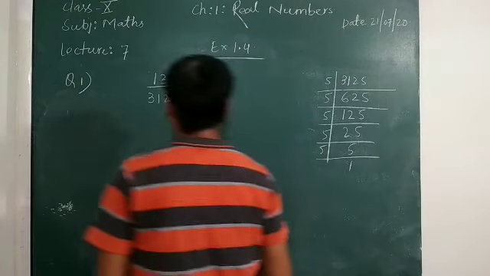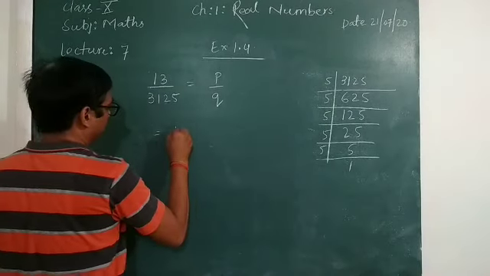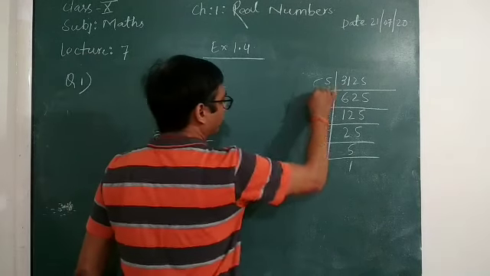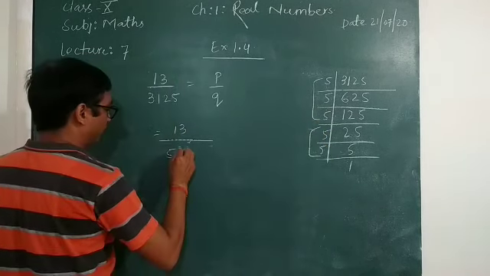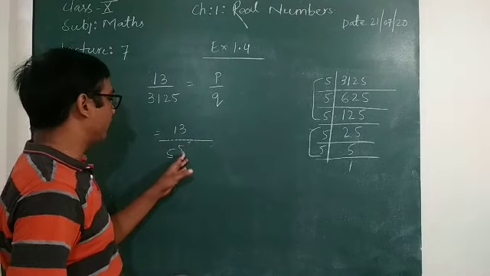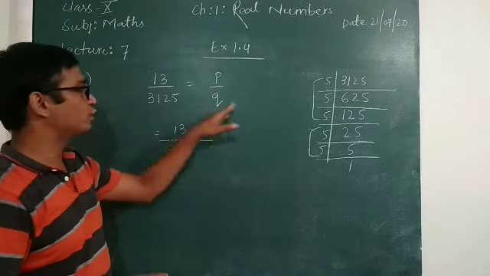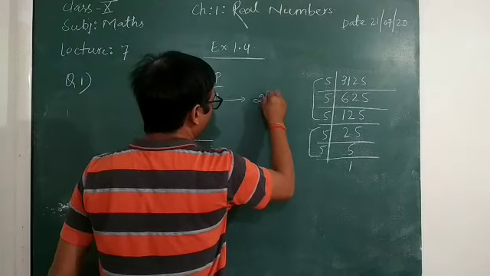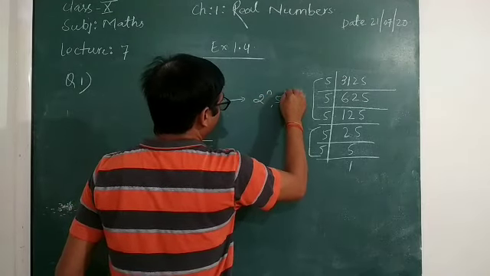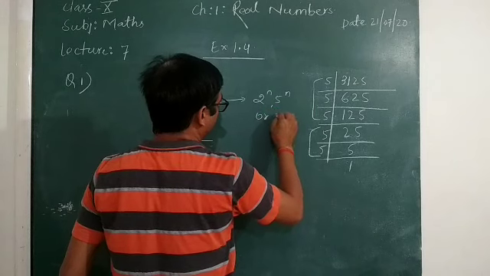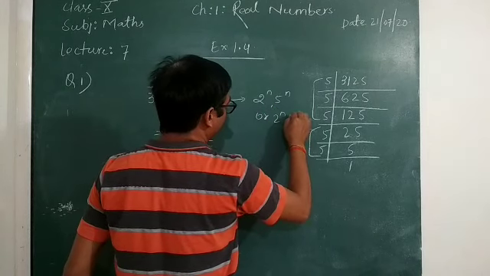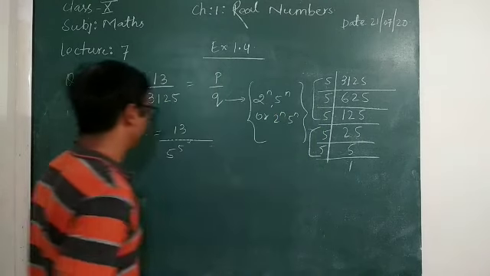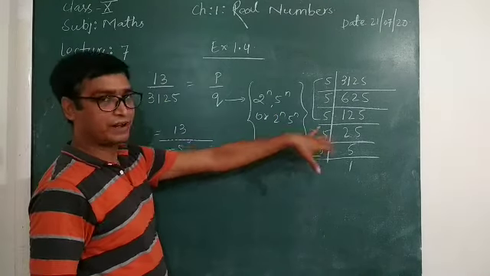So you can write 13 upon 5 raised to power 5. So this number should be either 2 raised to power n, 5 raised to power n, or both. If this is satisfied, here it is 5 raised to power n.